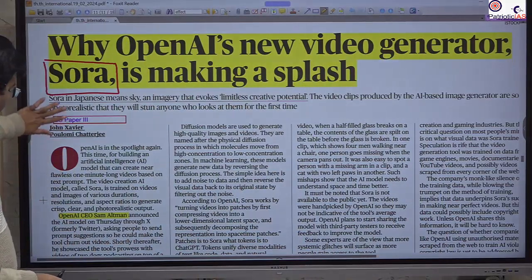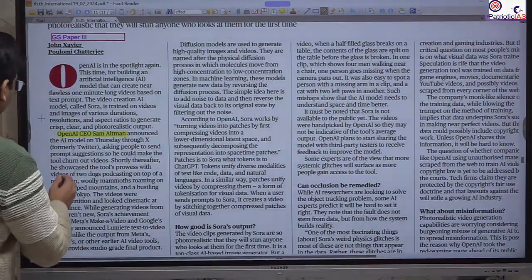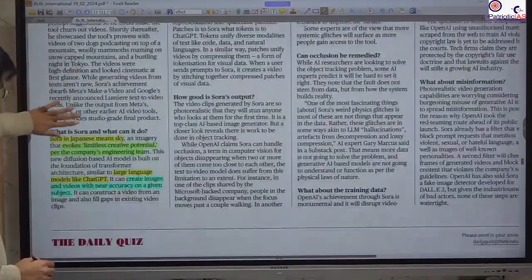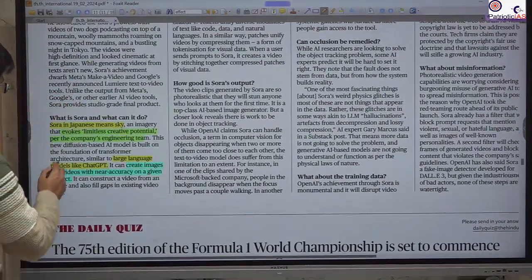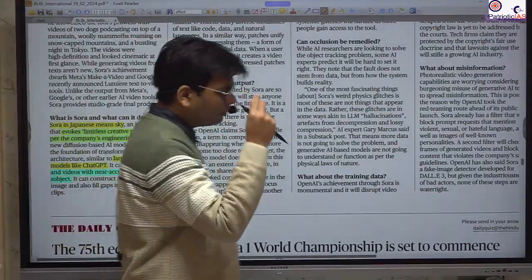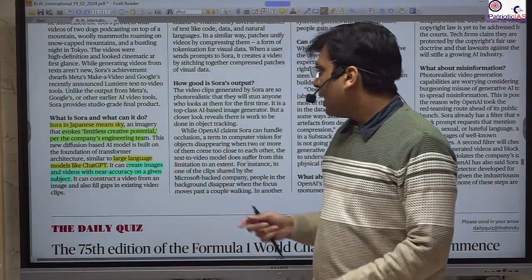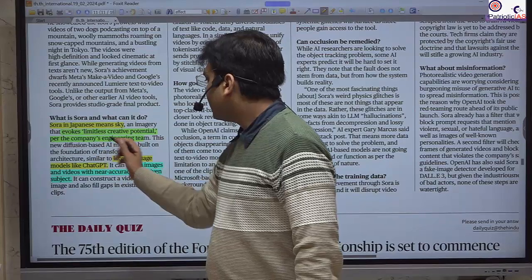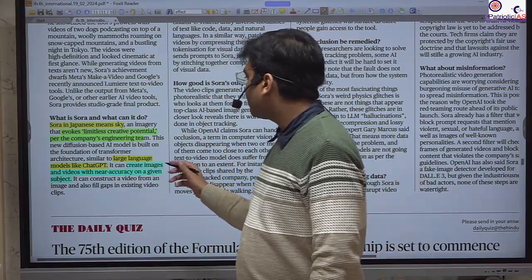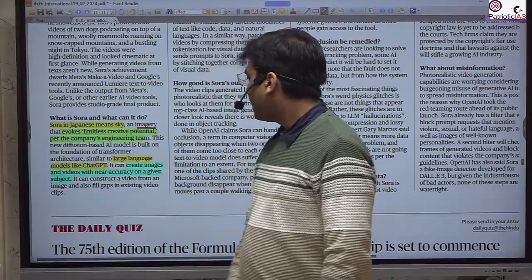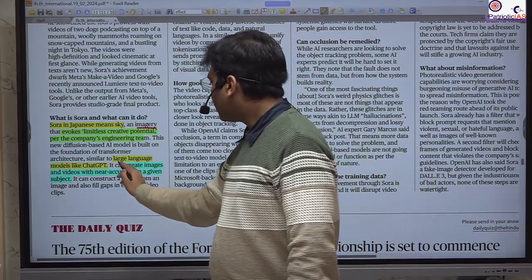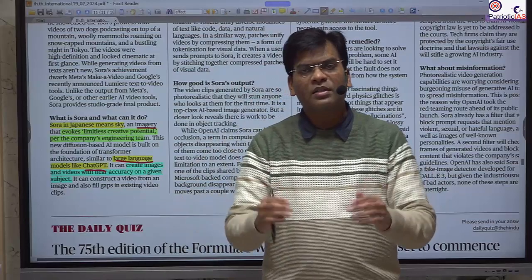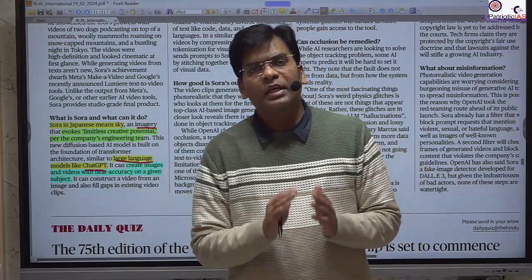So who is the CEO of OpenAI? This is Sam Altman. And what is meant by Sora? This is a Japanese word, and it means sky, and it has limitless potential to create images. You know that ChatGPT was based on a large language model, and if you ask any question, it will reply in the same manner.